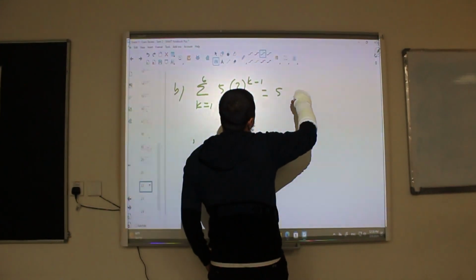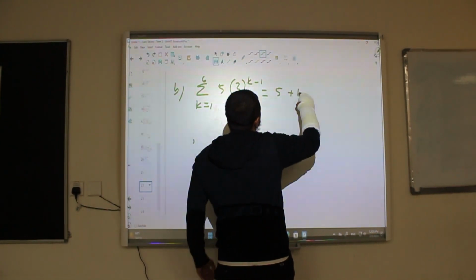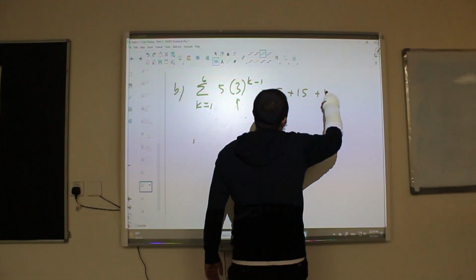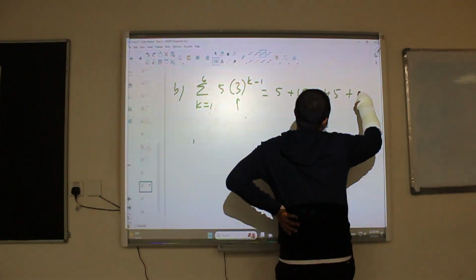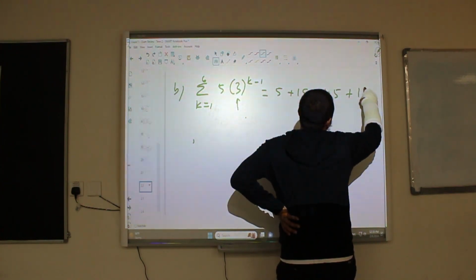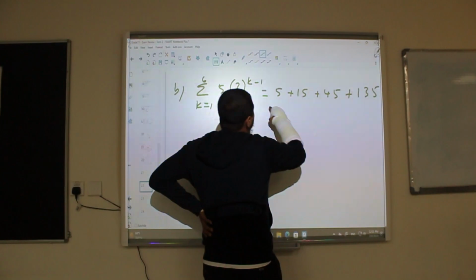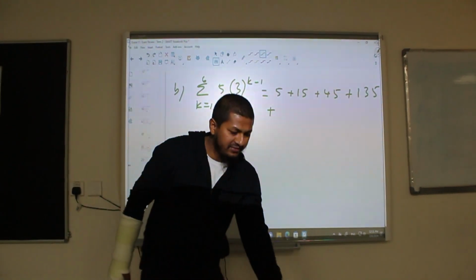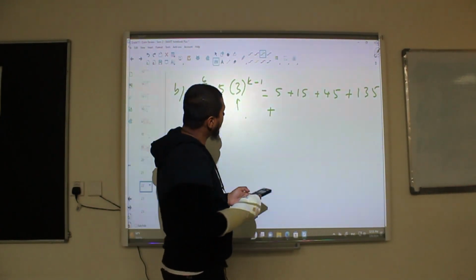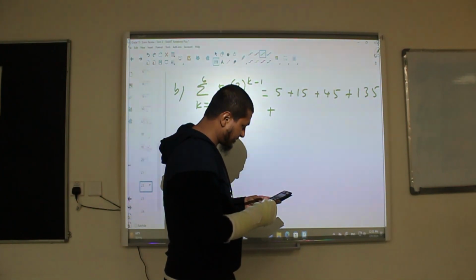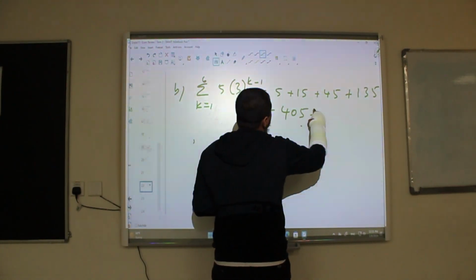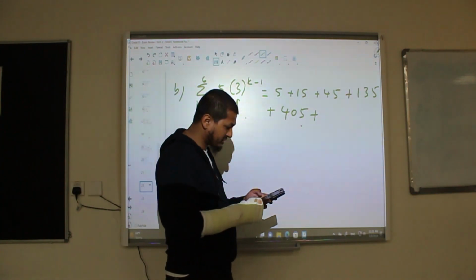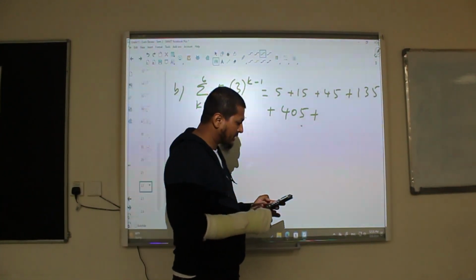So 5 times 3, the next term is 15, times 3 is 45, times 3 is 135, times 3 is 405, and then 405 times 3 is 1215.